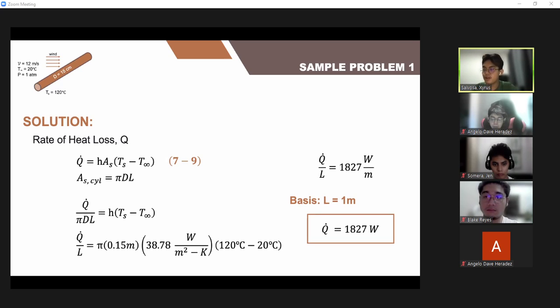Substituting the corresponding values such as the diameter, the acquired convective heat transfer coefficient, and the surface and air temperatures, we get a value of 1,827 watts per meter. If we use 1 meter as our basis, the heat transfer rate is equal to 1,827 watts.